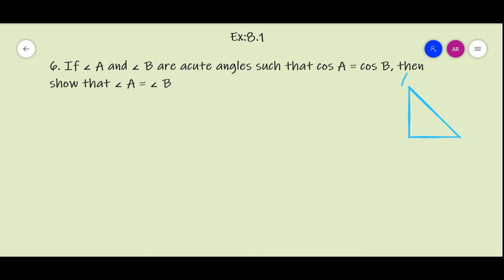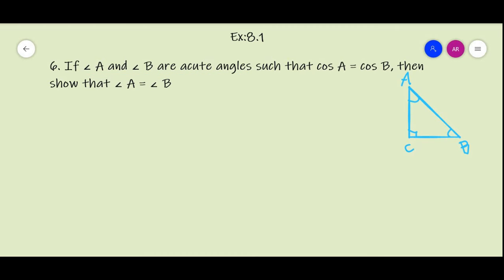I'm going to put this angle as A, this angle as B, and this angle as C. Now it suits, because angle A and angle B are acute angles and C is going to be 90 degrees. So it satisfies the condition that A and B should be acute angles, right? Alright, so we have satisfied the condition.